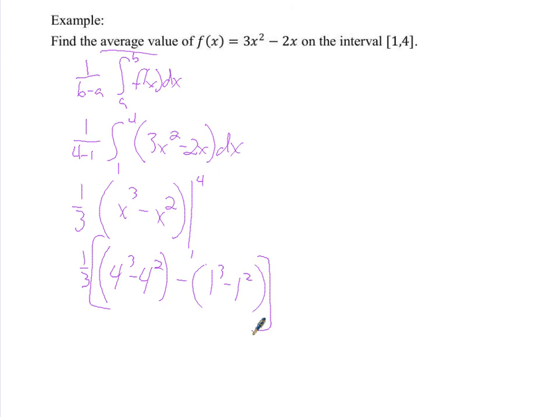The lower limit evaluates to 0 here, so we just need 4 to the third minus 4 squared times 1/3. 4 to the third is 64 minus 16 is 48. So we have 1/3 times 48, which is 16. So the average value of the function over that interval is 16.